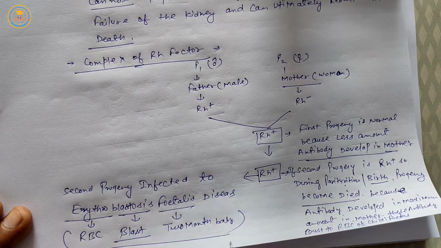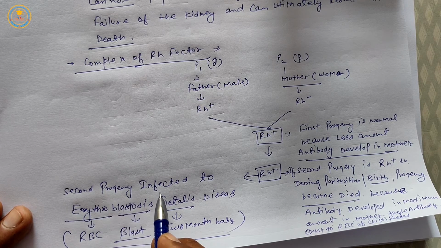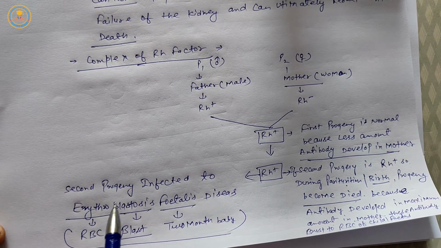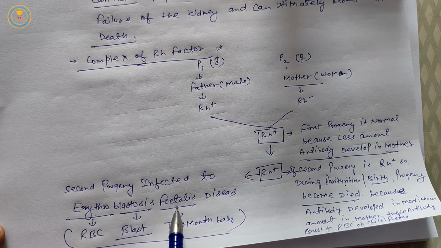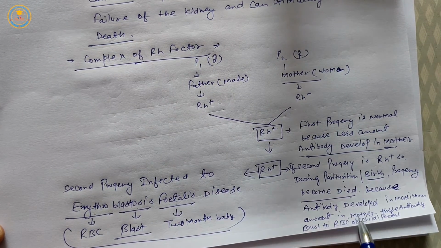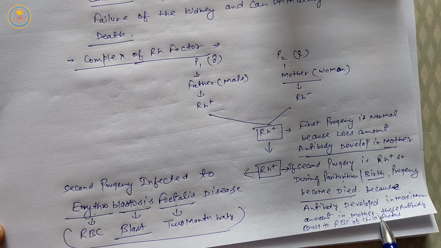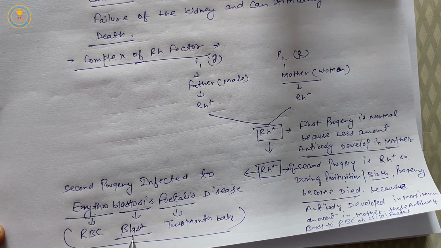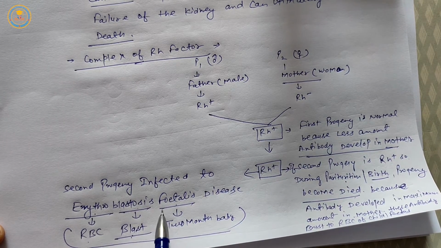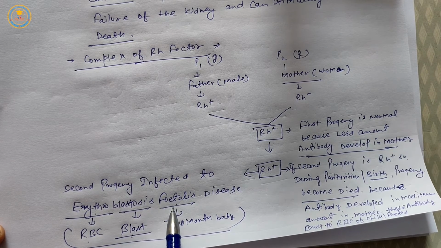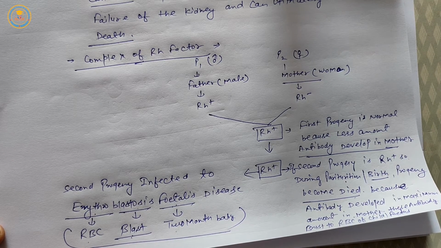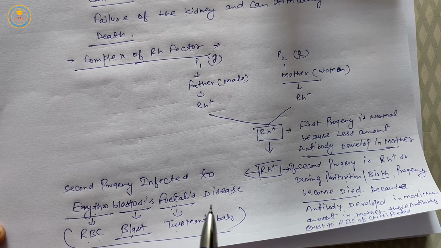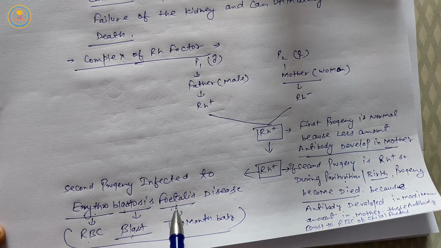So a maximum amount of antibodies burst or blast the RBC of the fetus, and the second progeny becomes infected with erythroblastosis fetalis.